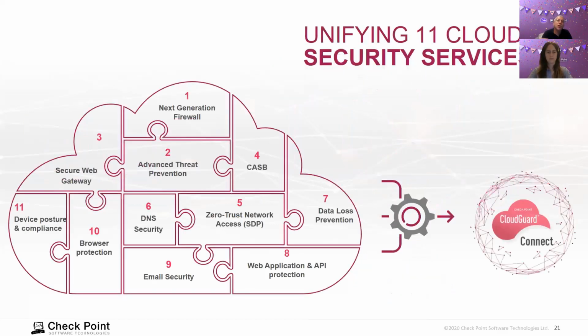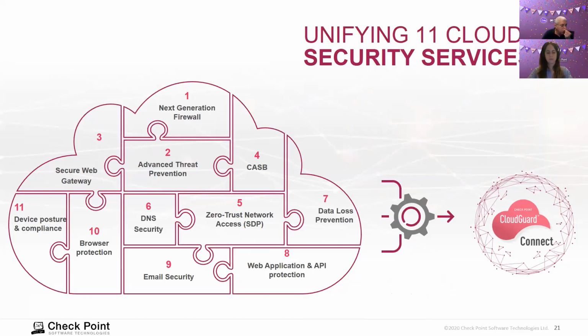Essentially, what we're doing with CloudGuard Connect as a security platform is built as a unified cloud service. We're taking a lot of the capabilities that we've built over the years and field tested and proven over the years. So our next generation firewall, all of our advanced threat prevention that's being tested time and again and recommended time and again by NSS Labs.